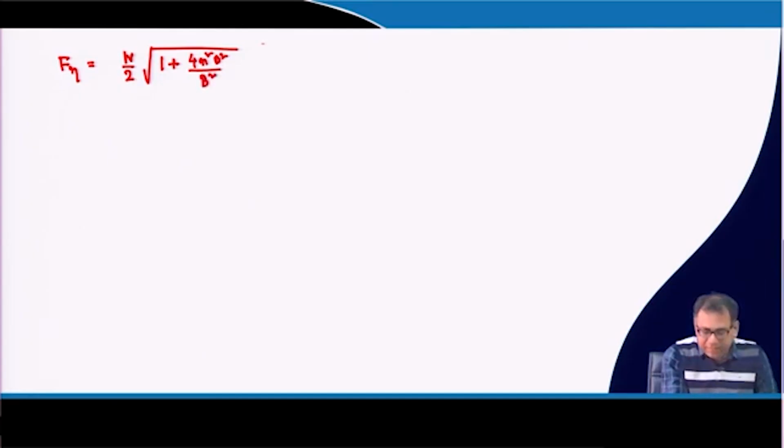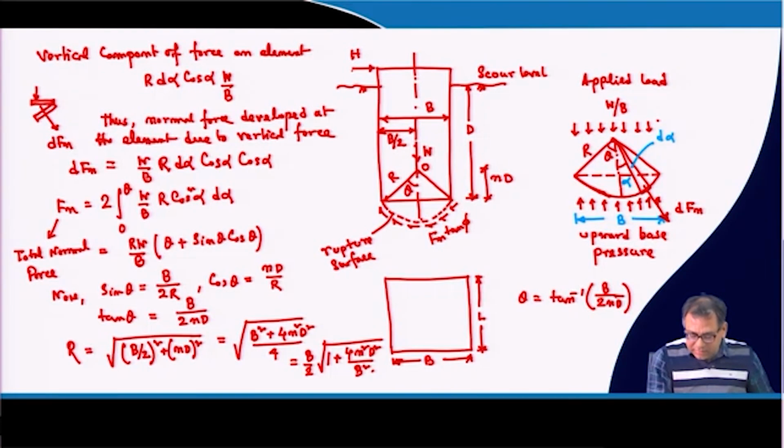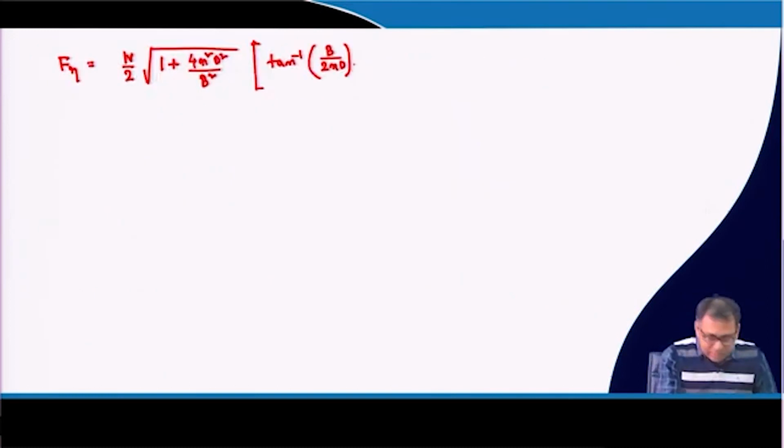And then theta is tan inverse B by 2 N D, and if I multiply sin theta and cos theta, then I will get the term 2 N B D divided by B square plus 4 N square D square.